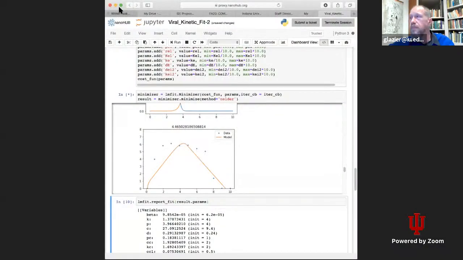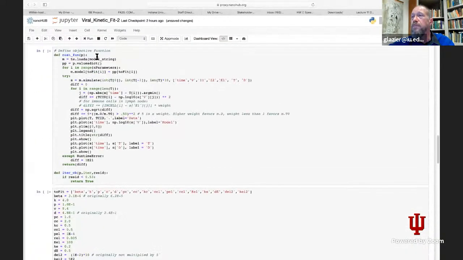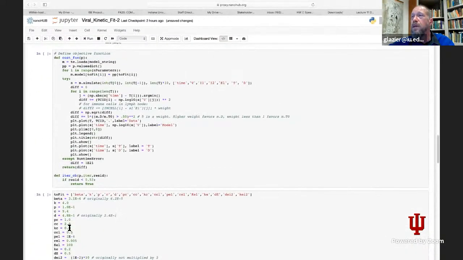I think you used, if you reshare for just 1 second more, if you can reshare your notebook on the screen, let's look at how you define the error function.